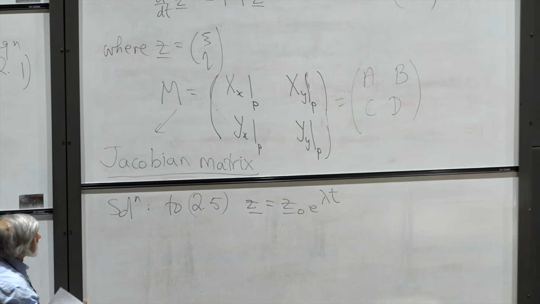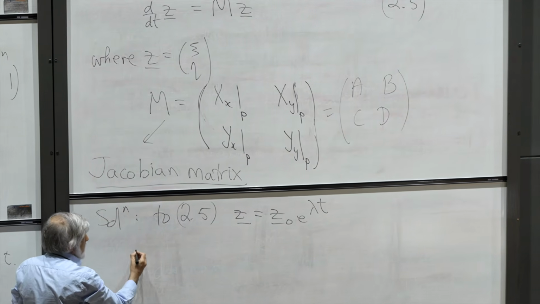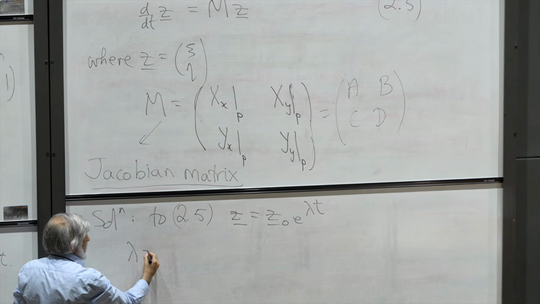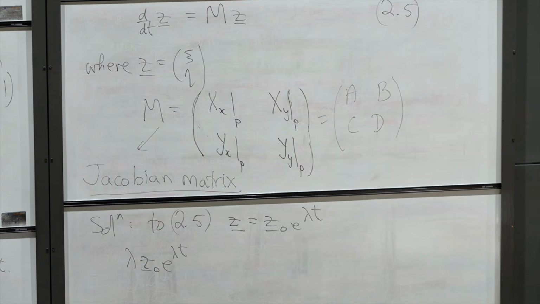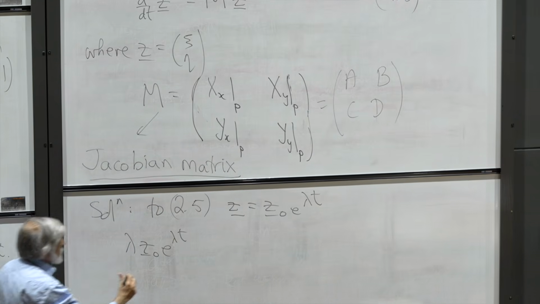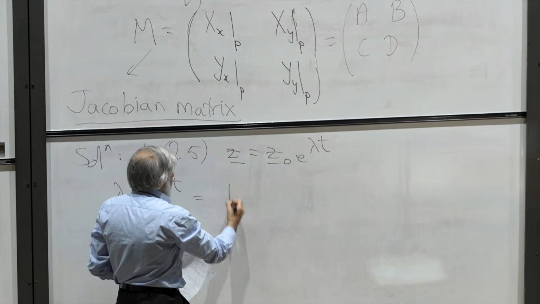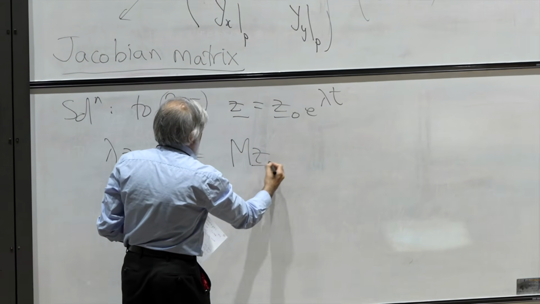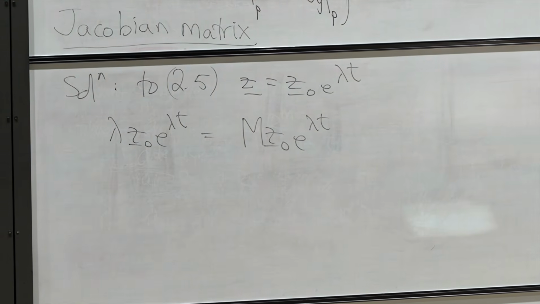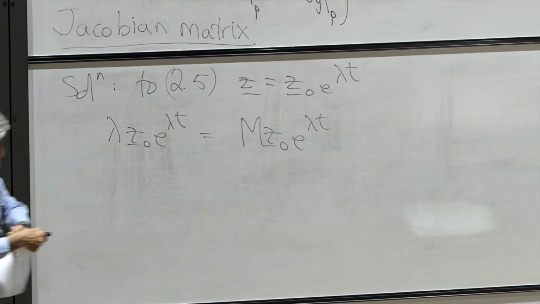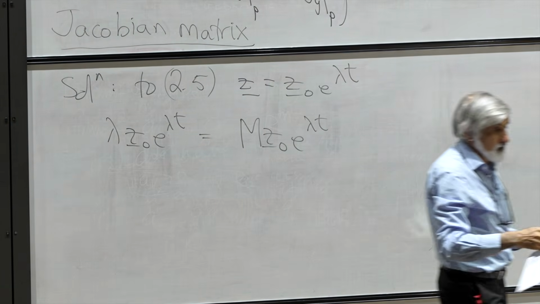If we try that, then we differentiate with respect to t and we get lambda z naught e to the lambda t equals m z naught e to the lambda t. So you can see this is just like doing it if it was just one variable.